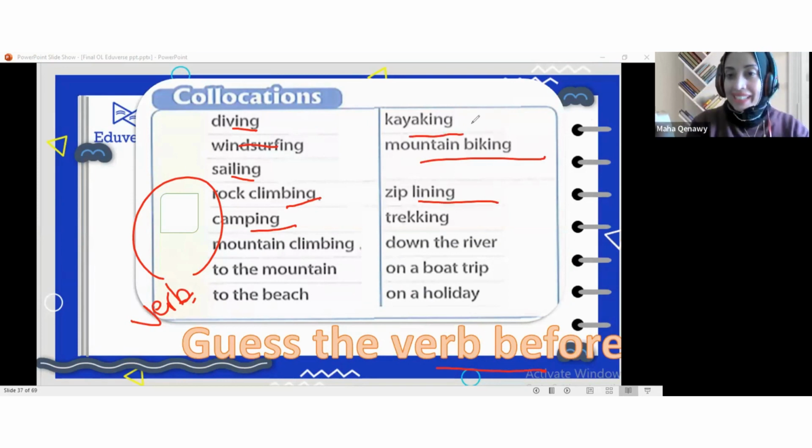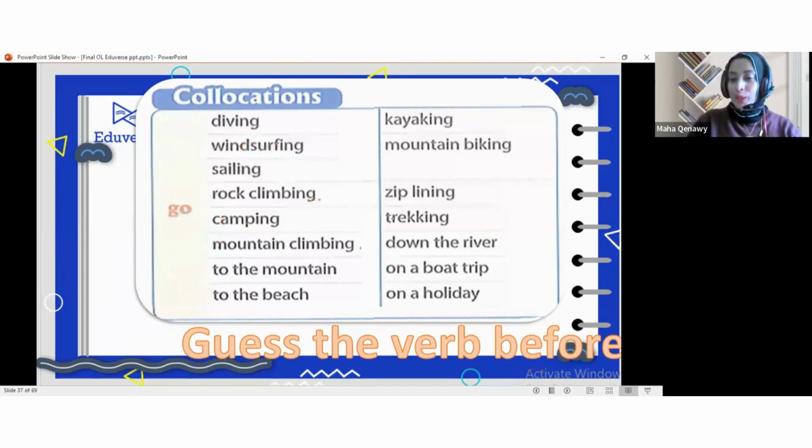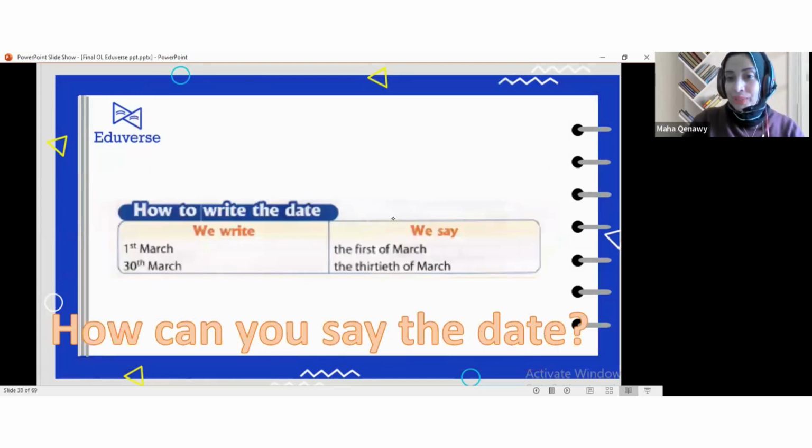Yes, exactly. All of them are preceded by the verb go. You can also say go to the mountains, go to the beach, go on a boat trip, go on a holiday. That's right. It's the super go that goes with all of these.